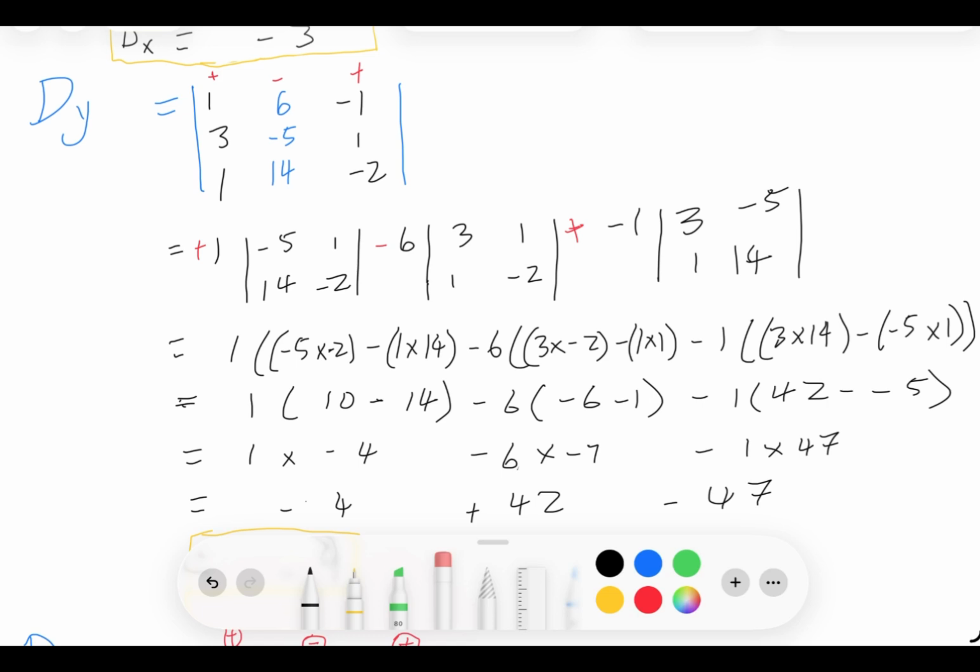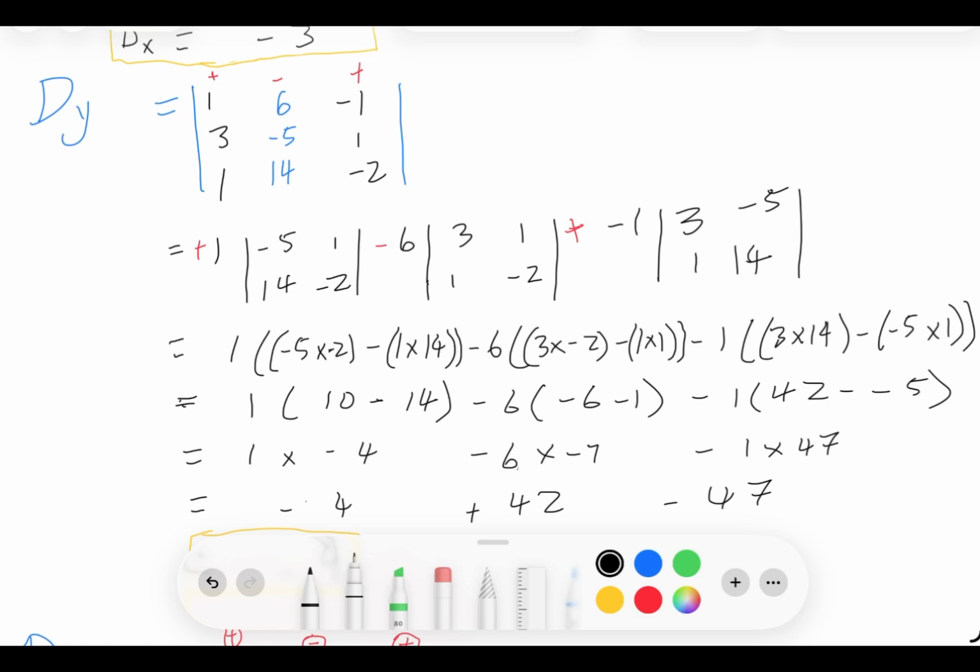That becomes equal to 1 times in brackets, negative 5 times negative 2 minus 1 times 14. Minus 6 times in brackets, 3 times negative 2 minus 1 times 1. Minus 1 times in brackets, 3 times 14 minus negative 5 times 1.